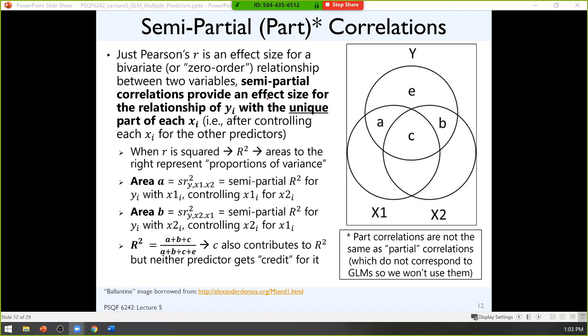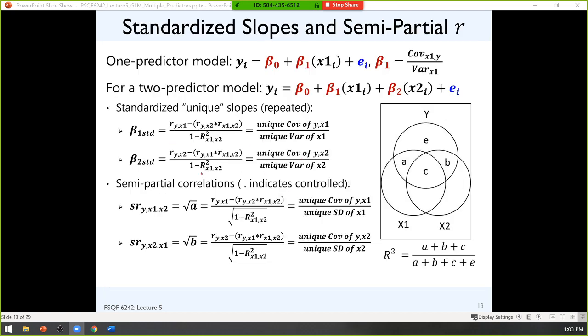So a semi-partial correlation reflects the contribution of that predictor to the model that no other predictor makes. So it's the unique contribution. There are many different ways to calculate them. One of the reasons why people like to refer to them is that they map directly onto the variable's contribution to R-square.